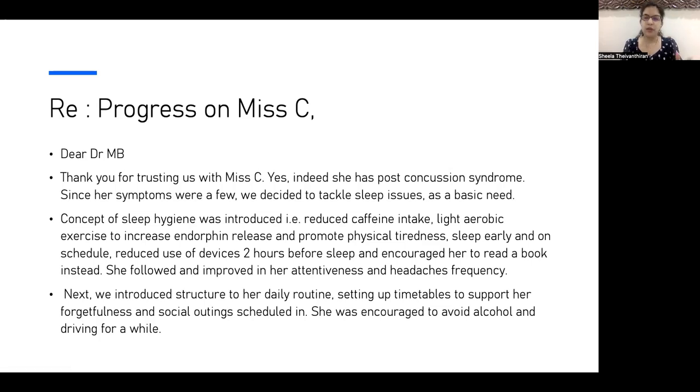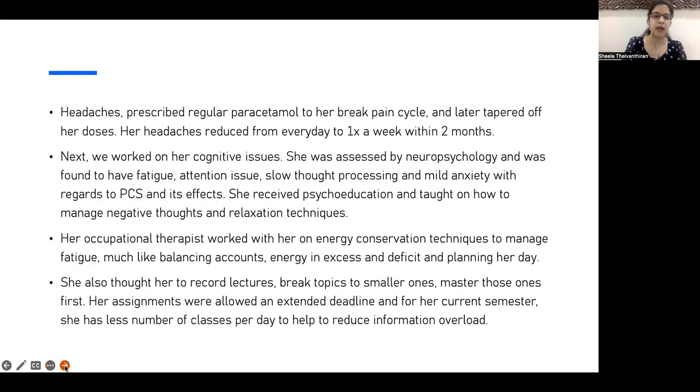So she knew that every morning she would have her classes, and in the evening she would have a balanced diet during mealtime, scheduled exercises, and scheduled social outings so that she can overcome her anxiety. She was also encouraged to avoid alcohol and driving for a while. Okay, for her headaches, because she was in a pain cycle, she had headaches almost every day.